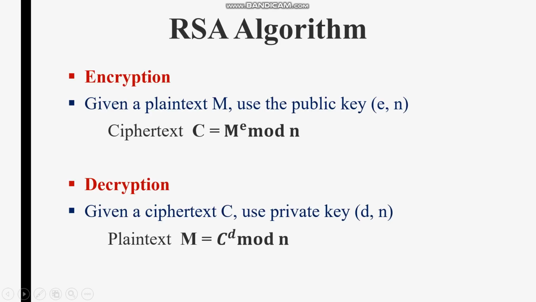Now this ciphertext is calculated by the sender. It is transferred over the internet or an insecure channel to the receiver. The receiver will receive the ciphertext. The receiver will have the decryption key, which is different. Given a ciphertext C, the receiver uses the private key, which we computed in the previous step: D and N. So use the ciphertext and the private key to restore the original plain text.